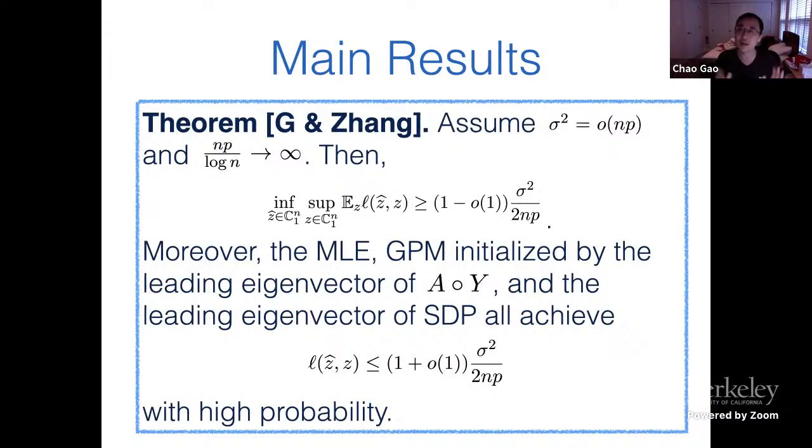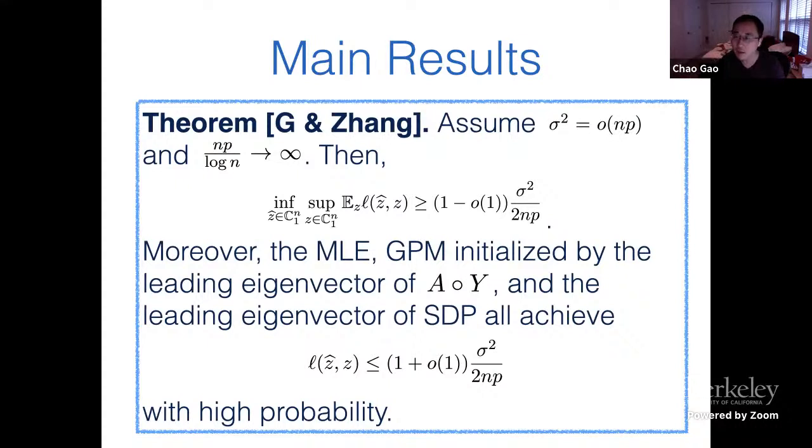What we know is, when P equals 1, if you look at the results in the literature, various numerical experiments will tell you that none of the 3 methods are optimal when the signal to noise ratio is a constant.